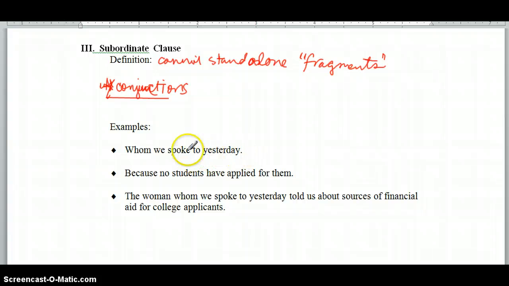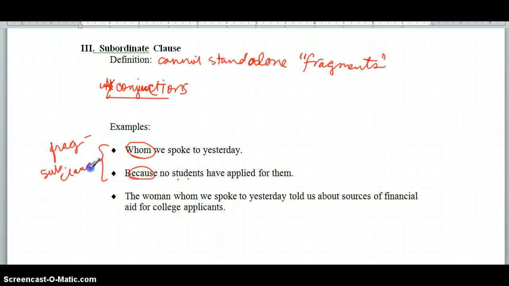So, whom we spoke to yesterday. That can't stand by itself. And this word whom is what's going to tip us off. Because no students have applied for them, this word because is going to tip us off that this can't stand on its own. So these two, in our writing, your teacher's often going to put fragment, but really they are subordinate clauses that if we could go ahead and put them into another sentence, they would work.